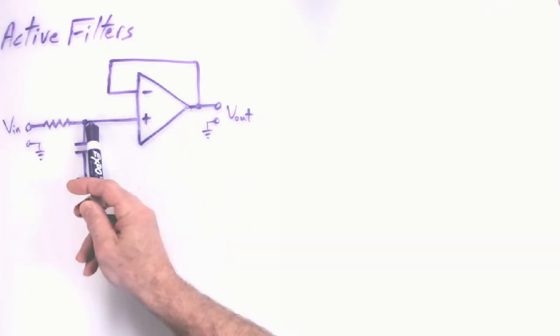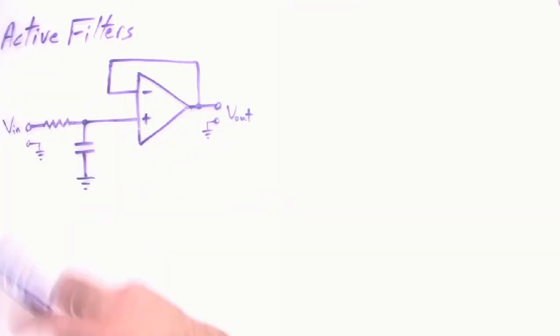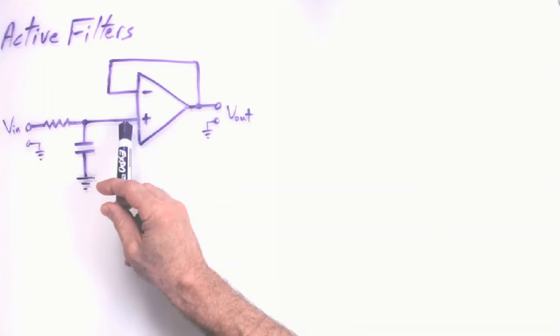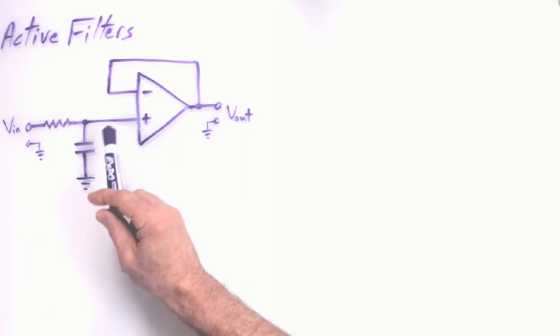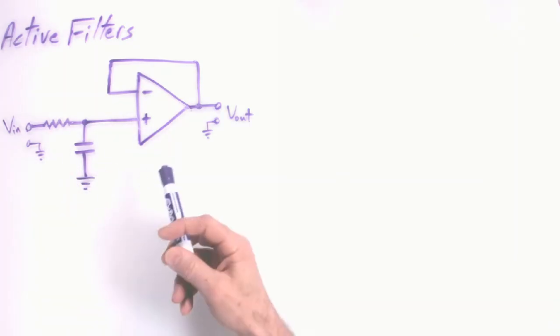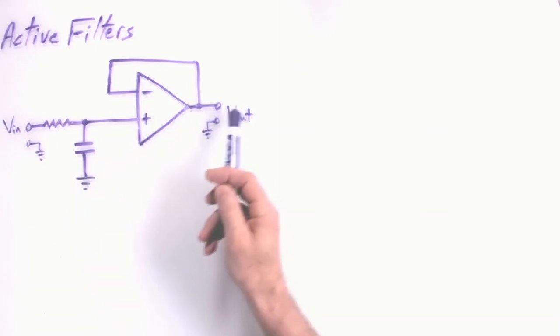It now will take the output of the filter of the pole and bring it right to the output here, but without any significant loading effects, because the input impedance of an op amp is very high, so it doesn't present very much of a load at all to the filter itself. So it's now called an active filter. It has active circuitry in here that can buffer the output.